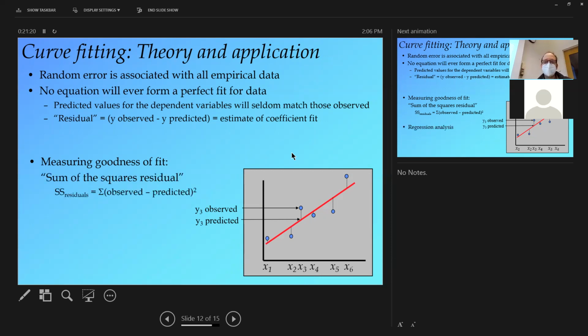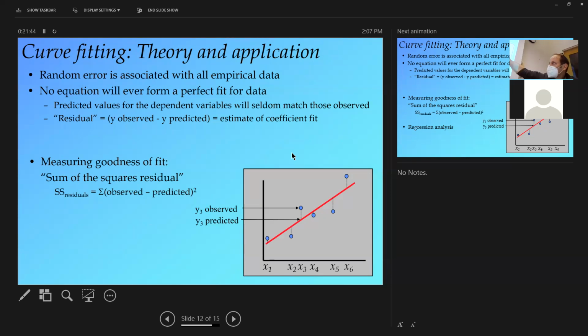In statistics, we use this as a measure of goodness of fit. We often use something called the sum of the squares of the residuals. Maybe that'll ring a bell with at least some of you. SS residuals is what we refer to it as. Basically, it's a way of measuring the overall goodness of fit of a relationship.